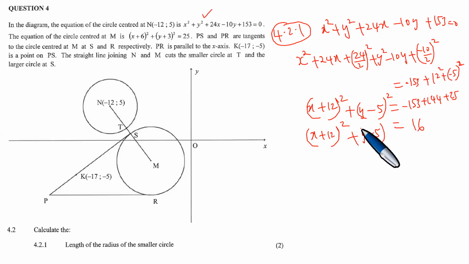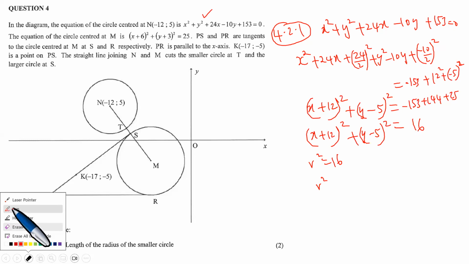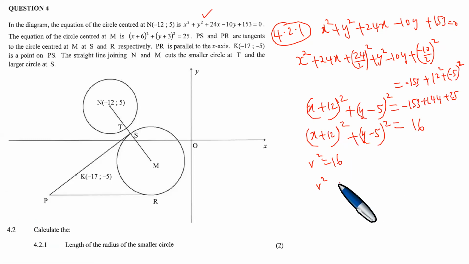So r squared is 16. You take the square root both left and right, and we get that r is 4. So the radius is 4 units, because they asked for the length of the radius.